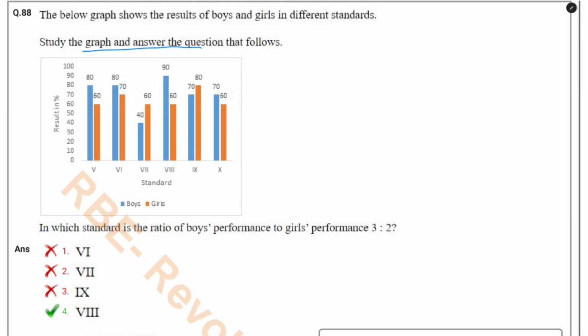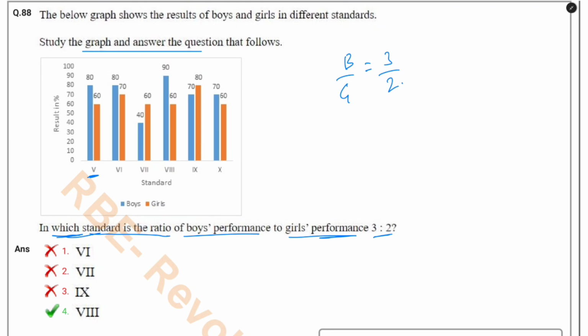So they have given a bar diagram. What is the standard ratio of boys' performance to girls' performance? Which is 3:2. So that means they have given the ratio of boys to girls as 3:2. We have to find in which standard.